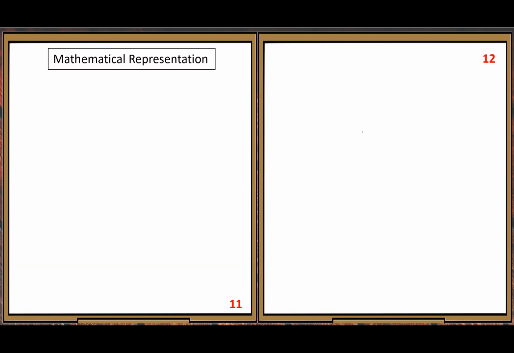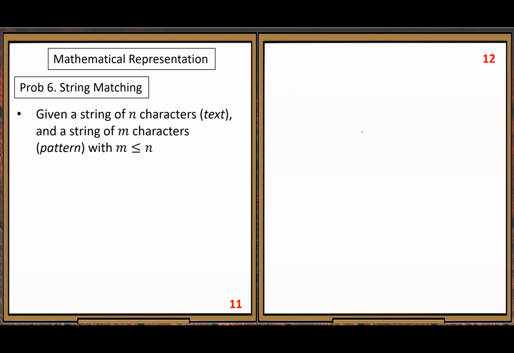Mathematical representation. In this one, I'd like to talk about mathematical representation. For a computing problem, it is important. Our problem number 6, string matching. Given a string of n characters, we call that string text, and a string of m characters, the pattern, with m less than or equal to n.